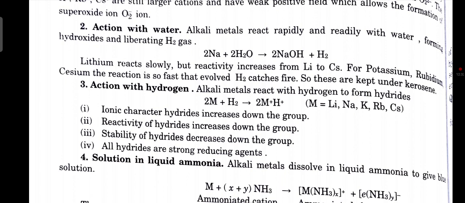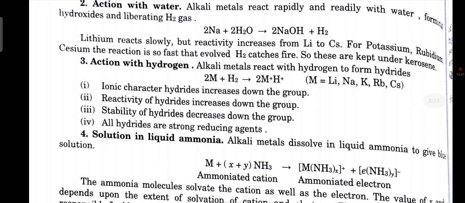Alkali metals rapidly and readily react with water, forming hydroxide and liberating H2 gas. Lithium reacts slowly, but reactivity increases from lithium to cesium. For potassium, rubidium and cesium, the reaction is so fast that the evolved H2 catches fire. So these are kept under kerosene.